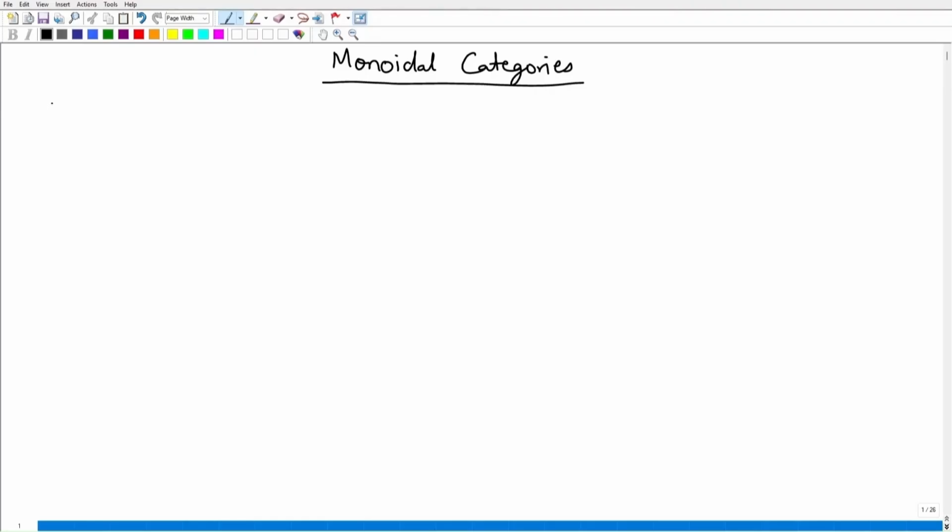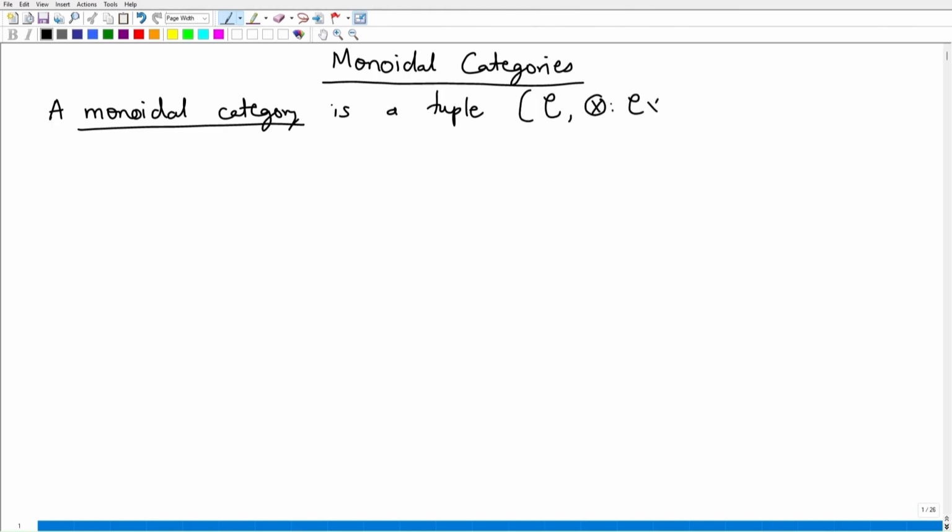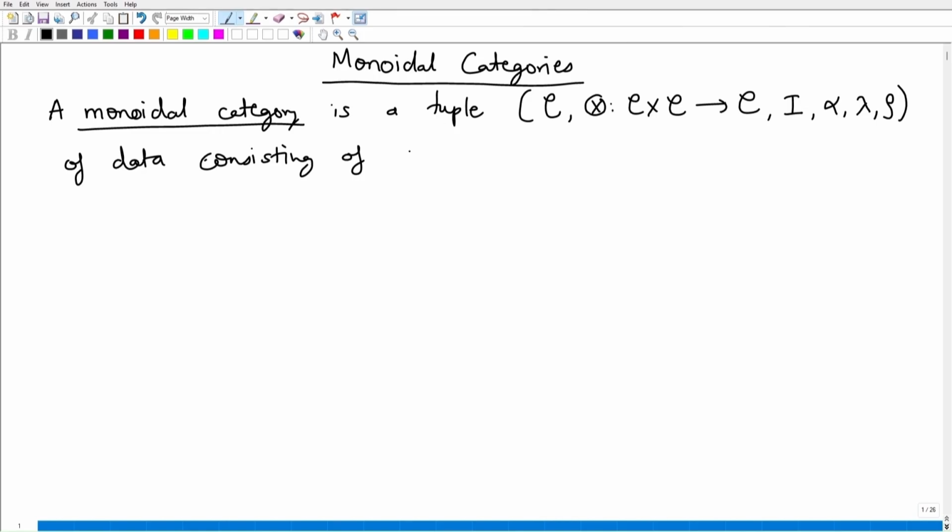A monoidal category is a tuple of data consisting of a category C, then a bifunctor tensor from C cross C to C. What is the meaning of a bifunctor?